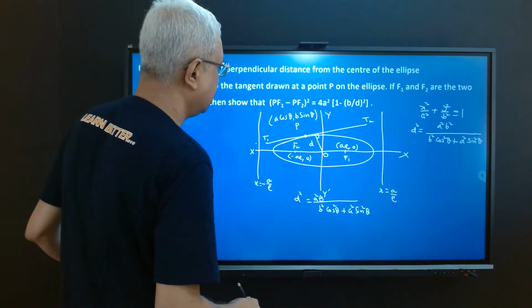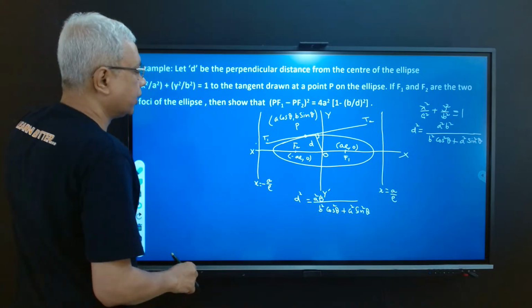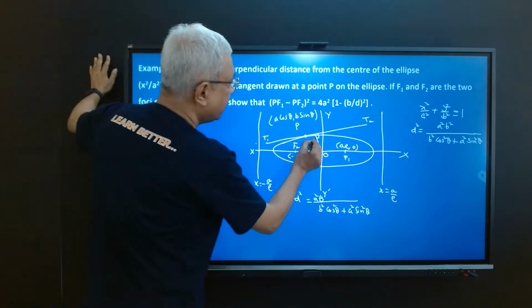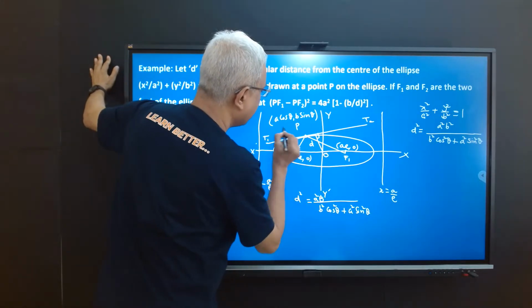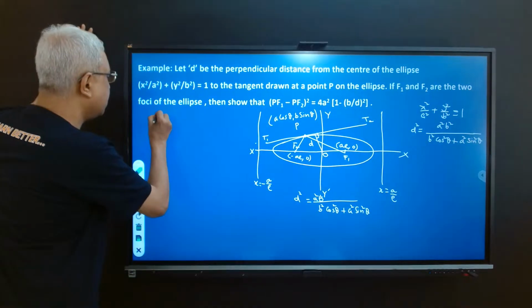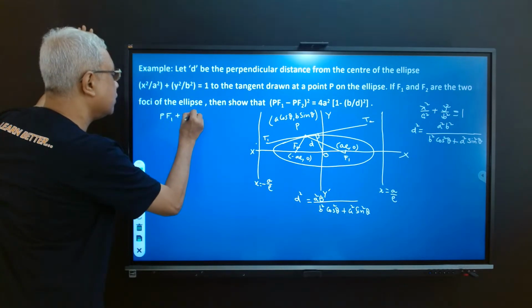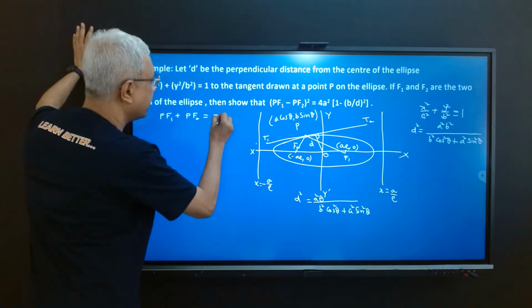Now, for this point P, PF1 plus PF2 is actually always 2a.